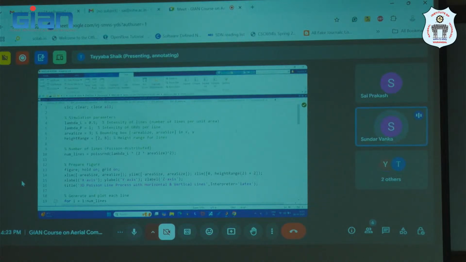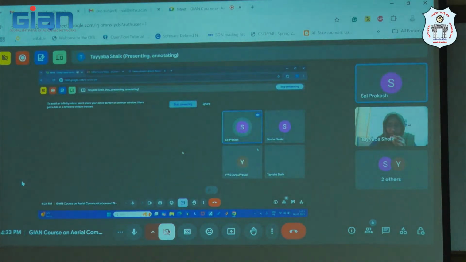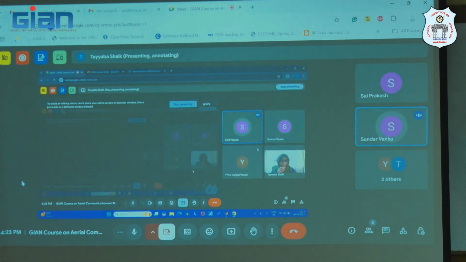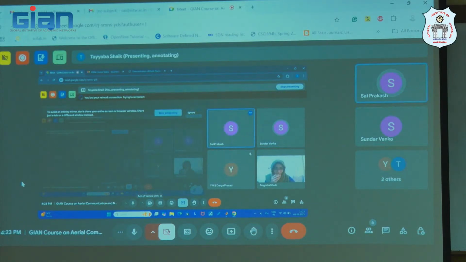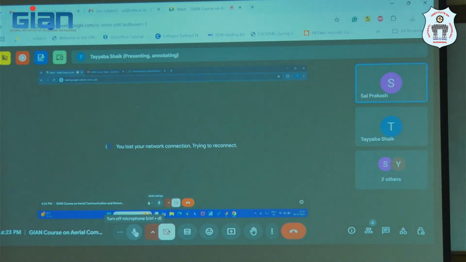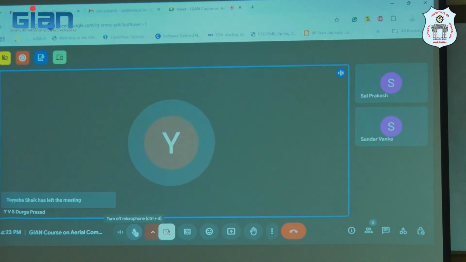Actually, I don't know whether it's an issue with my network or network on that side. Okay, because you're able to hear me when I talk, no? Okay. Shall I turn off my videos? Yeah, maybe that's the issue. There are a few interruptions while you are presenting. The screen is visible, but while presenting, there is an interruption.